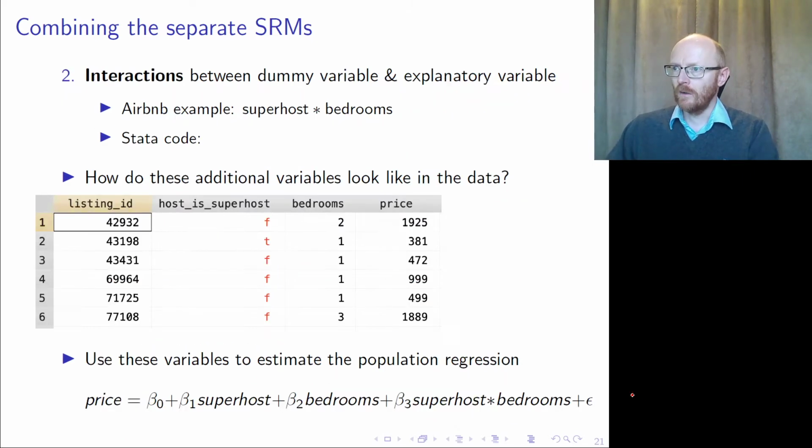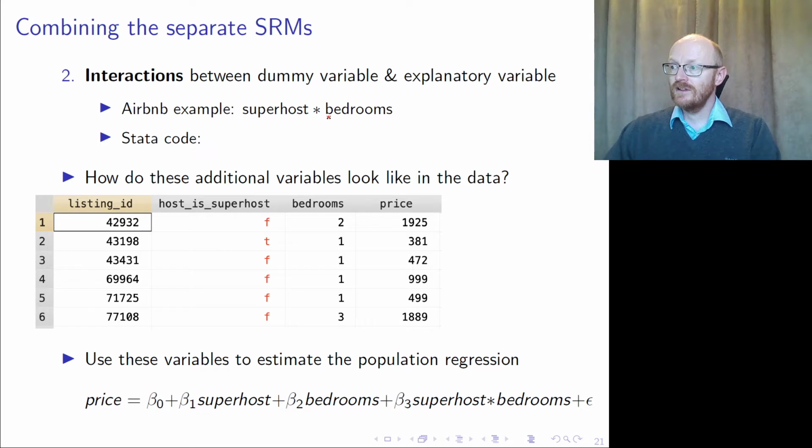The other variable you would need is the interaction term. That's an interaction between the dummy variable and the explanatory variable. For example, in our Airbnb example, we have superhost times bedrooms.